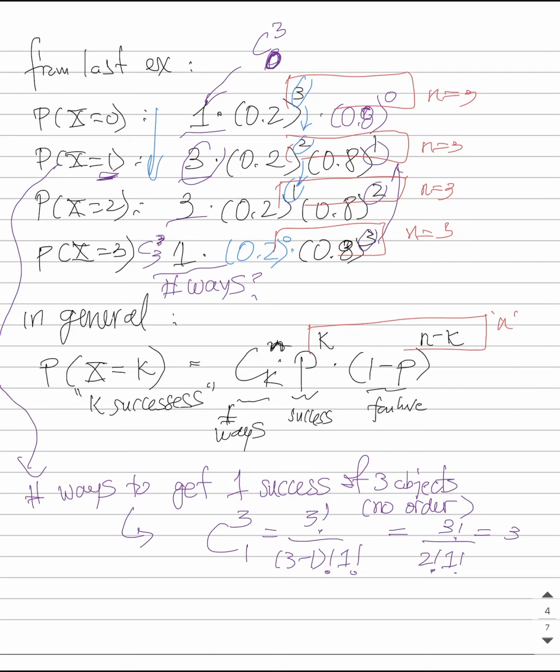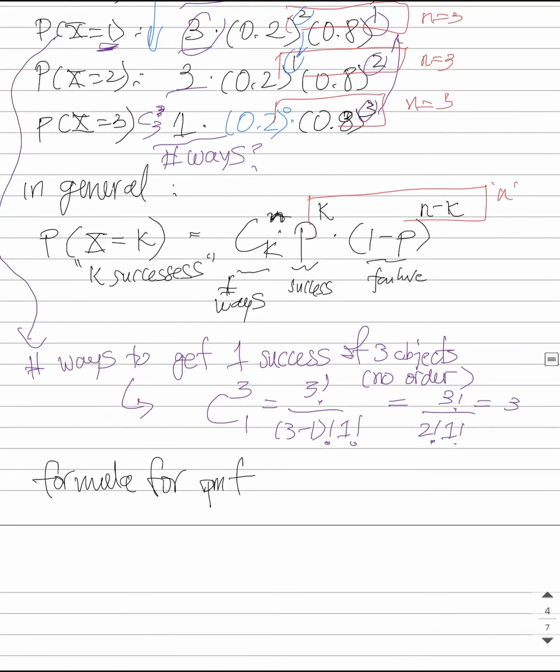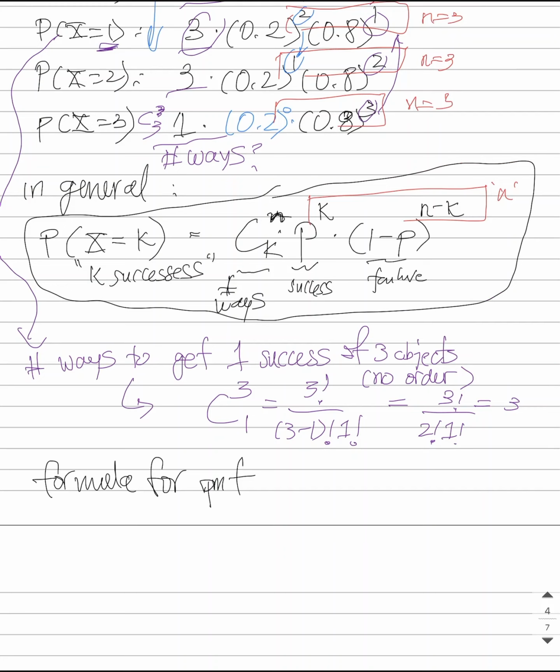And this is a formula for the probability of each outcome. And so this is the formula essentially for the PMF. I could just dump out the formula for you, but I think it's really important for you to be able to understand where those terms come from.